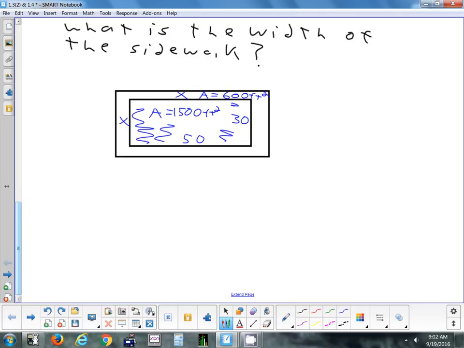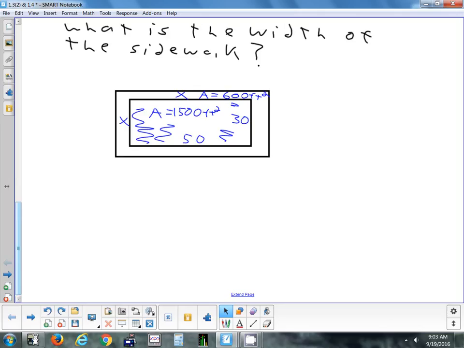So how could I set up a formula to find the area of this strip around the edge if I knew the area of these other two rectangles? I want to find the area of this border region, this sidewalk, and I can figure out the area of this big rectangle and the small rectangle.